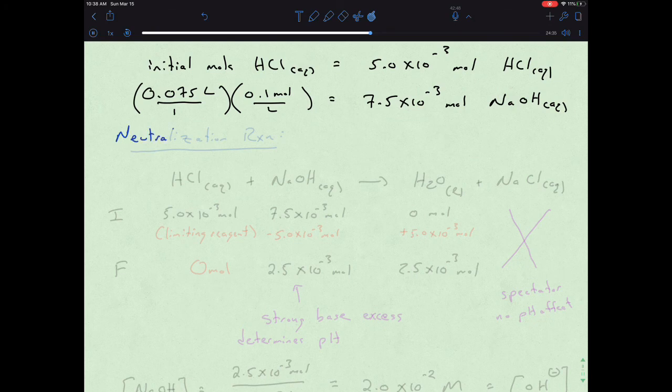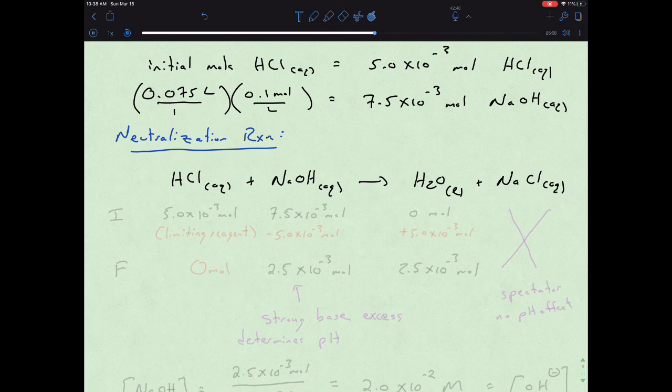So we write our neutralization reaction just like we did in part B and part C to figure out what do we have left over to affect the pH.